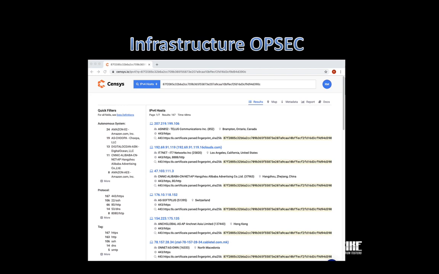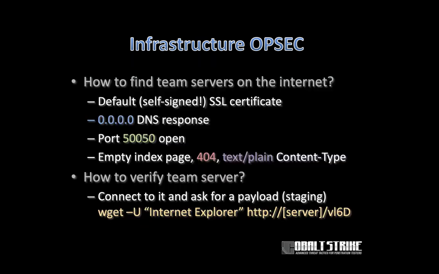Third is, let's say you find a Cobalt Strike server, what information is available to an analyst who has sufficient knowledge of the tool? Fourth, the last question is, given all this information, how do you as a red team push back on this kind of analysis if you wish to do so? And these questions bring us here to questions 1 and 2.